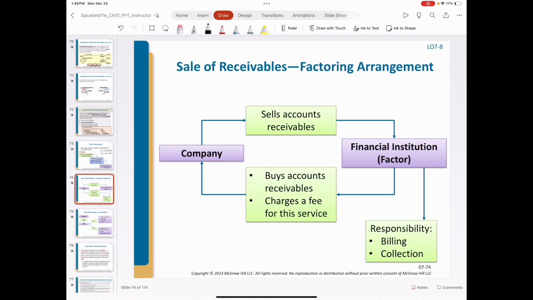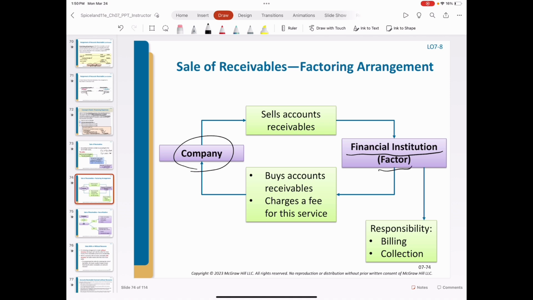This is a flowchart that shows us how the sales of receivables work, or the factoring arrangement. The company who transfers the receivables, or sells the receivables, to a financial institution, also called a factor.